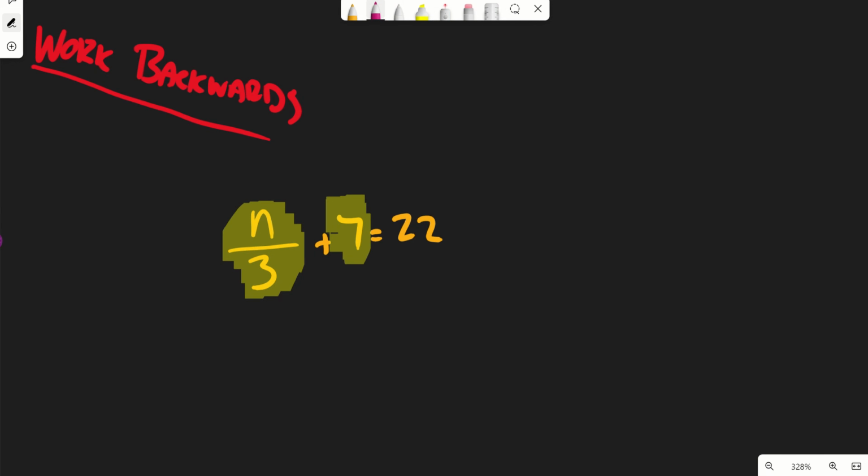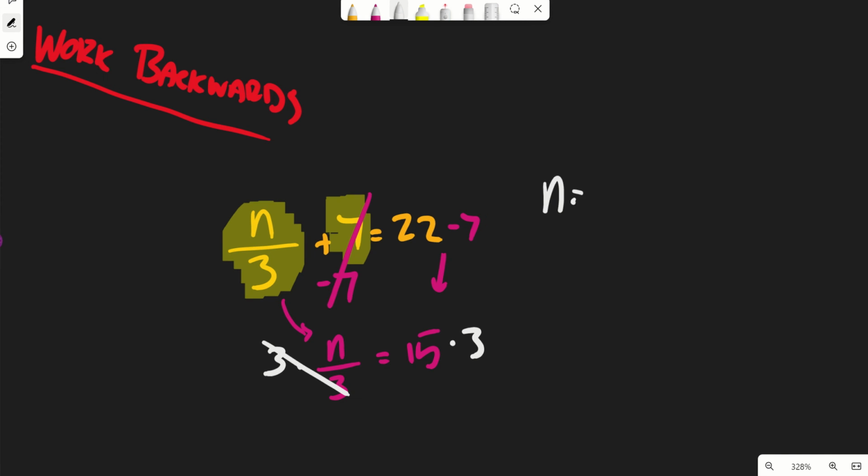Well, I want to get rid of that term that doesn't have a variable by doing the inverse operation. Minus 7. This gives me n over 3, that's what's left over here, equals 15. Now, n over 3 is division, so let's times by 3, and I will get n equals 45. All right, so we want to work backwards in order to solve these problems.